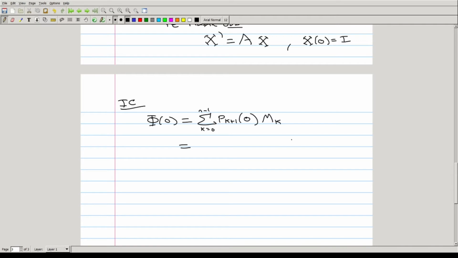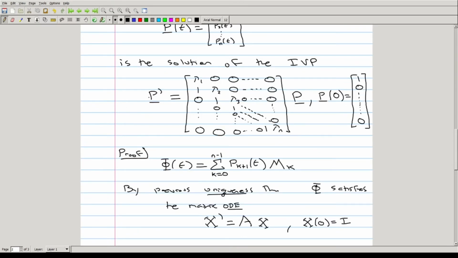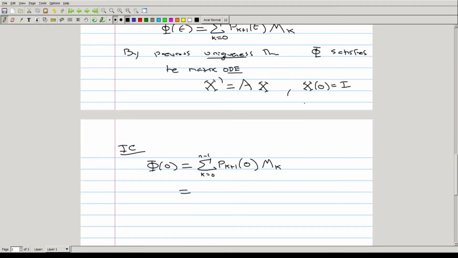And because the only non-zero initial condition for p is the first component, the only non-zero term in this summation will be the k equals 0 term, which gives p1 of 0 times M0, which is 1 times the identity matrix.